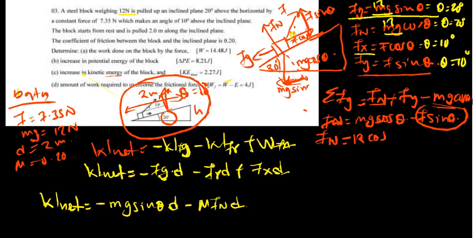So here the angle is 20 minus 7.35 sine 10 degrees. Find the answer for Fn. Yes, 9 point what?